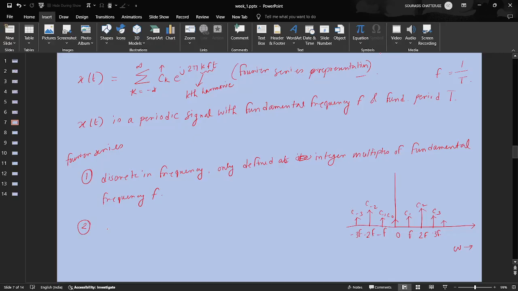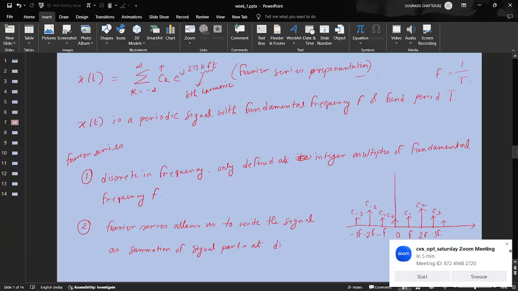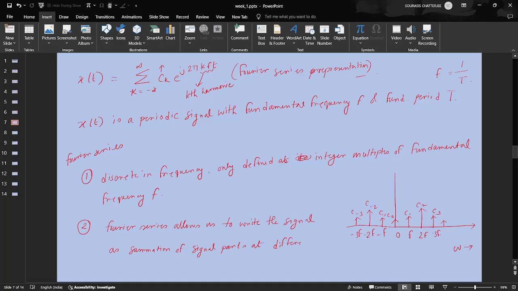So the second thing is that the Fourier series allows us to write the signal as a summation of signal parts at different harmonics of the fundamental frequency.